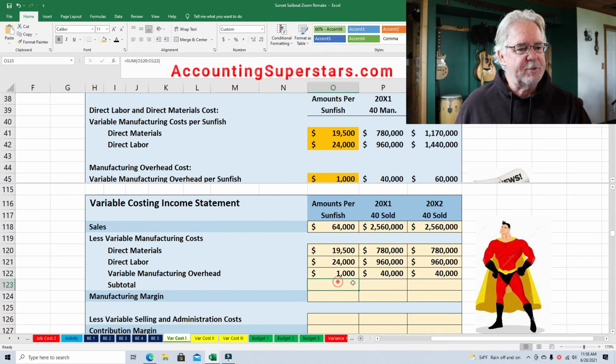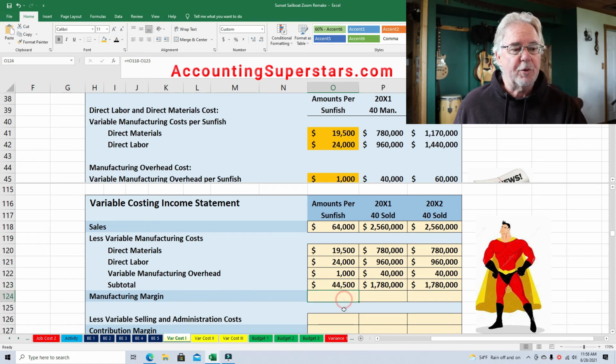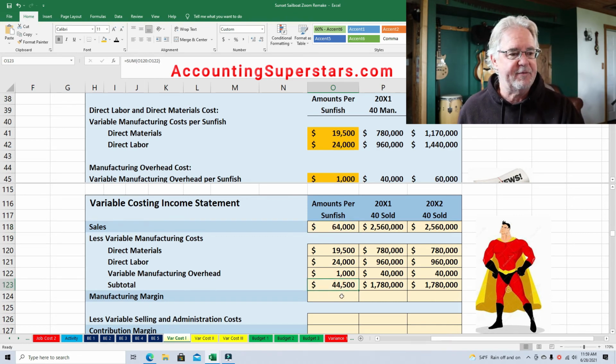So let's get a subtotal here, folks. All I'm going to do is subtotal the variable costs here. Here we go. And so we're going to get a number. This is like a little subtotal. That's all it is. It's really easy. It's called the manufacturing margin, which is a pretty cool number to know. So each sailboat sells for 64 grand, and the subtotal here of the manufacturing cost is 44,500.